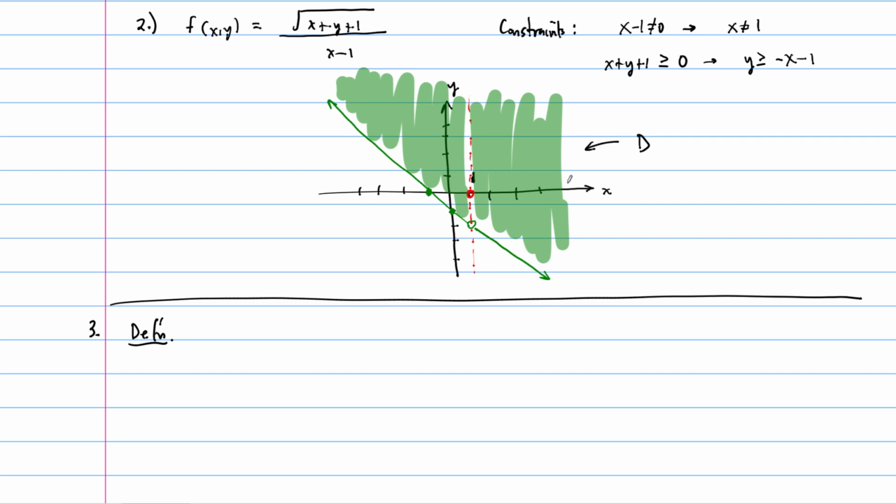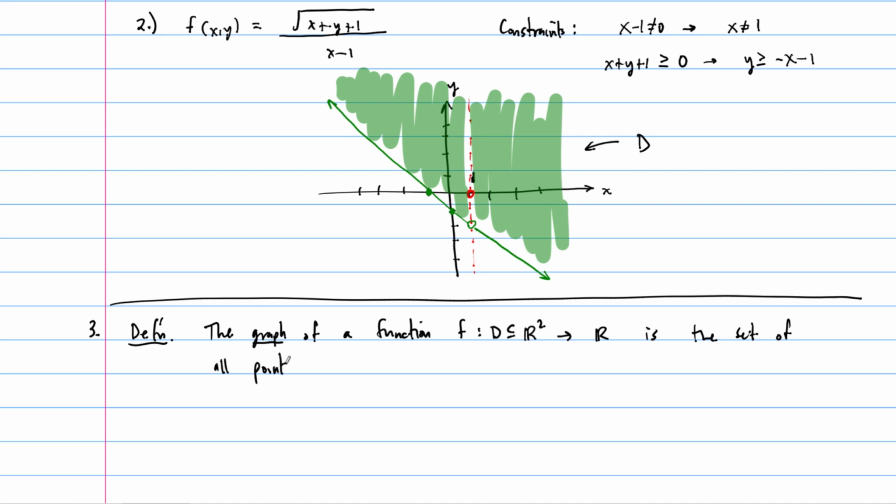The graph itself lives in three-dimensional space. And so here's what we want to define now. So the graph of a function f that maps from some subset D in R2 to the real number set R. This is the set of all points.